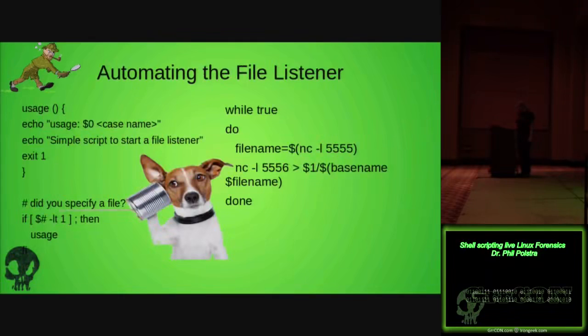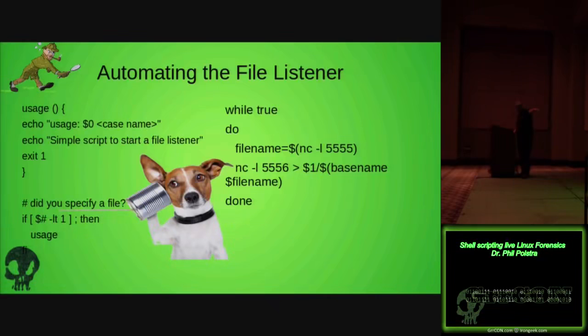So here is the file listener, and if you call it, you need to give it a file. And all it does is it creates a file name listener. Notice that this one doesn't have the keep alive switch, and I have a little do loop. It's an infinite do loop. And as soon as it exits that first line, that means that somebody sent me something, right?